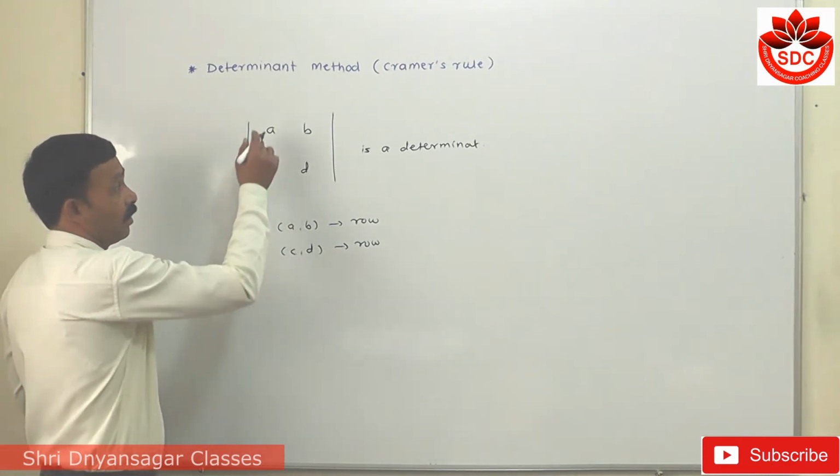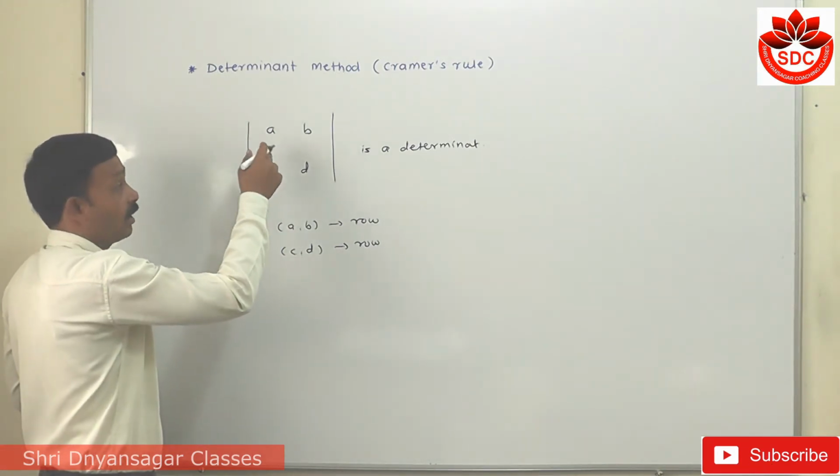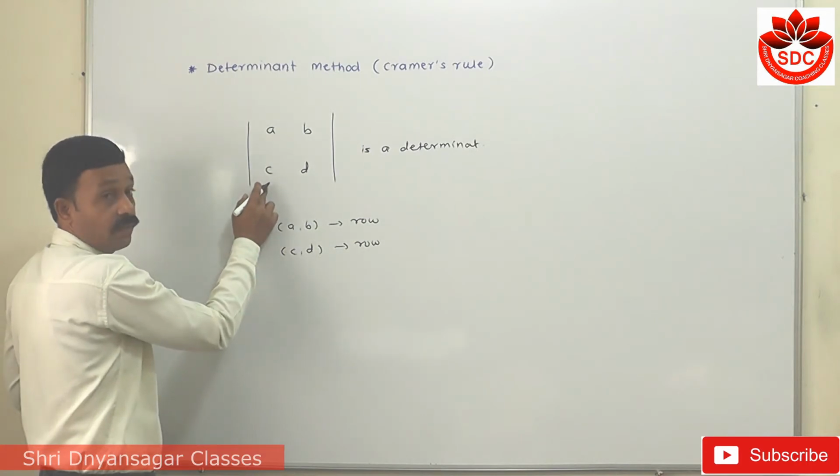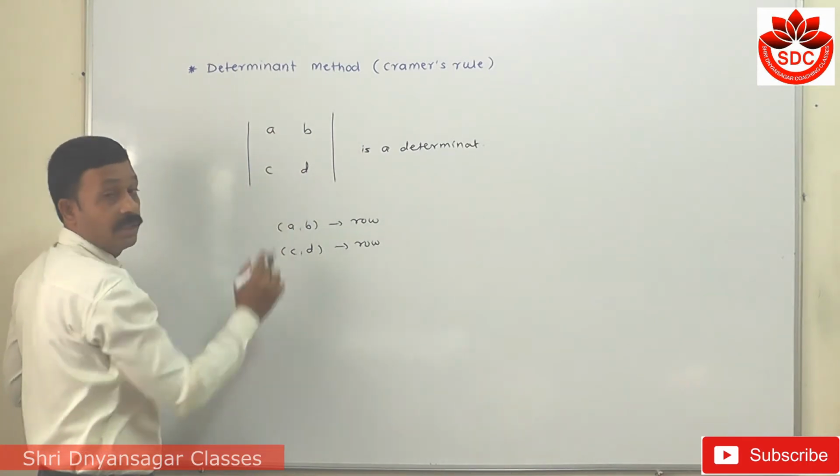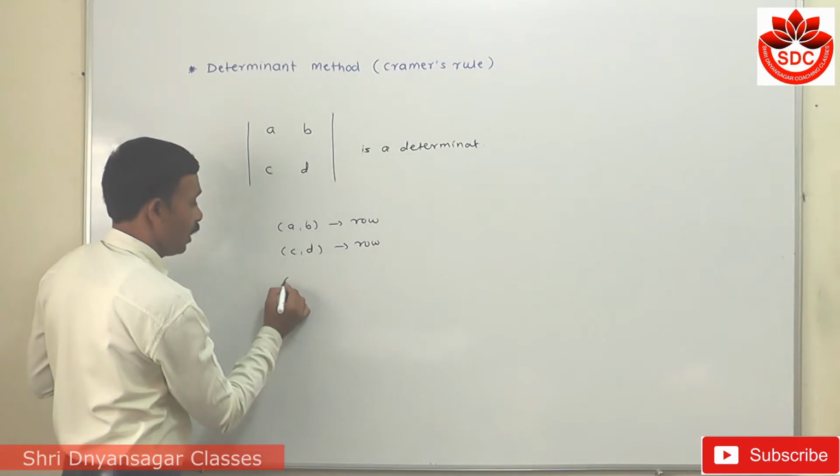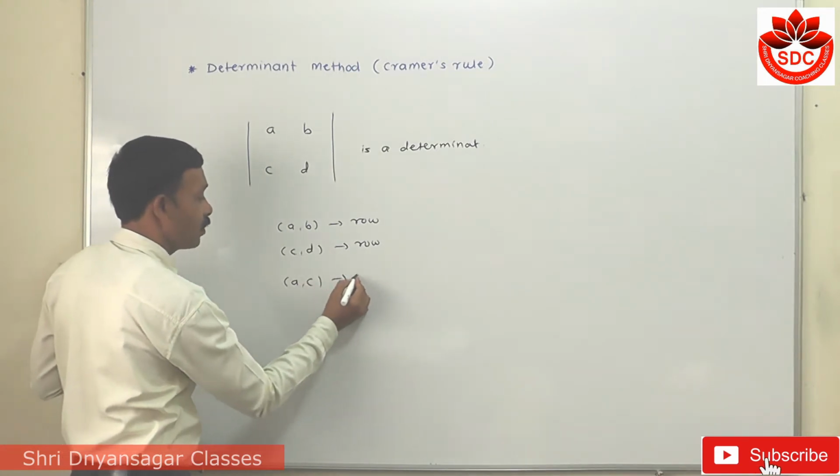And the vertical lines are columns. A and C is the first column, and B and D is the second column.